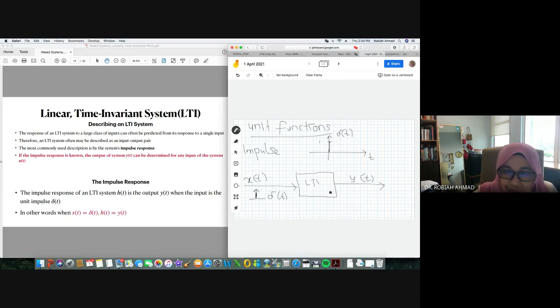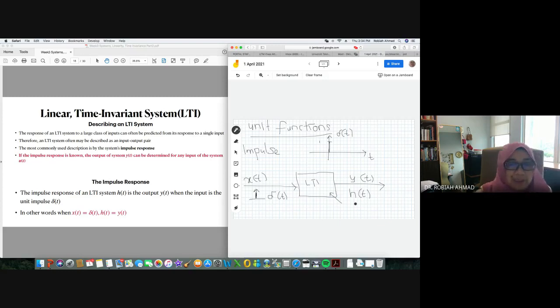So in this case, the response here is called the impulse response, and usually we represent it by h(t). So in this case, the impulse response of the system is h(t) due to the input of the impulse, delta(t). So it means h(t) is actually explaining the behavior of the system for the impulse input.